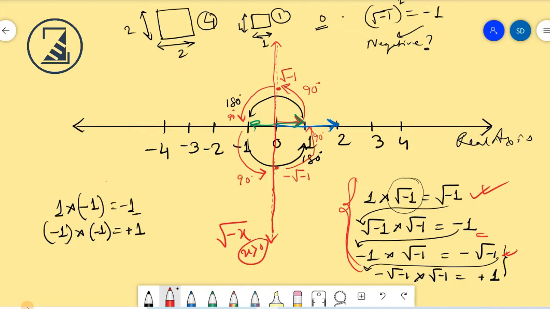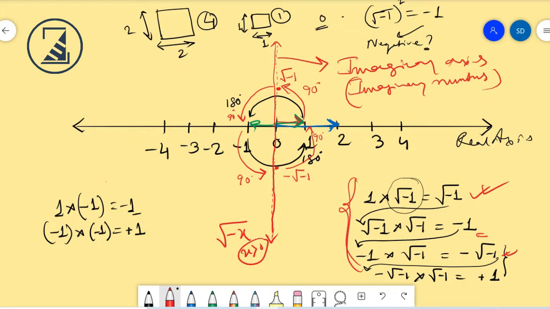And we name this axis the imaginary axis, and all the numbers residing on this axis imaginary numbers. Okay, so this is how I have represented imaginary numbers.